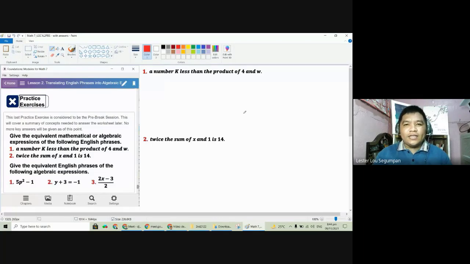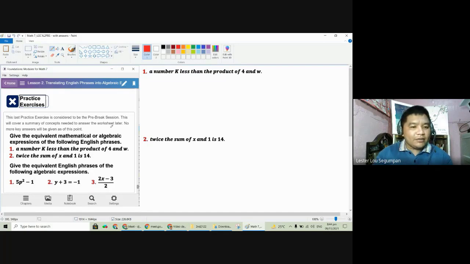One of the essential concepts that we need to master before we could proceed to solving algebraic expressions is how to translate a situation, a real life problem, or even a sentence into an algebraic expression, and even vice versa. That's part of our analysis, because if you commit errors or mistakes in translating them, definitely whatever you do in your process will be incorrect.